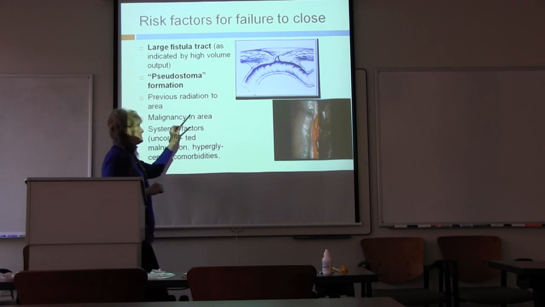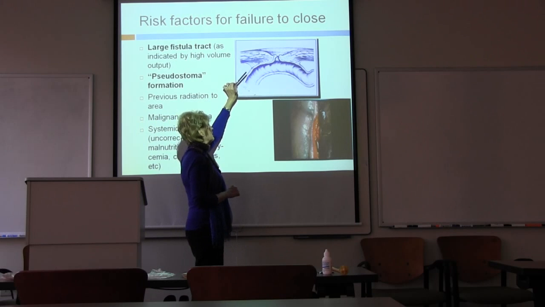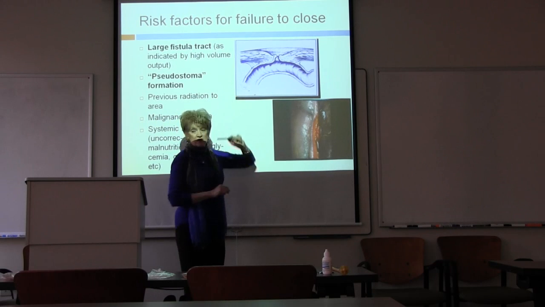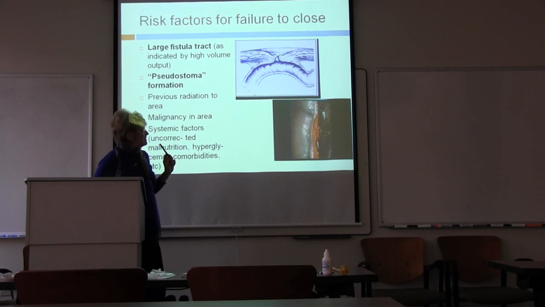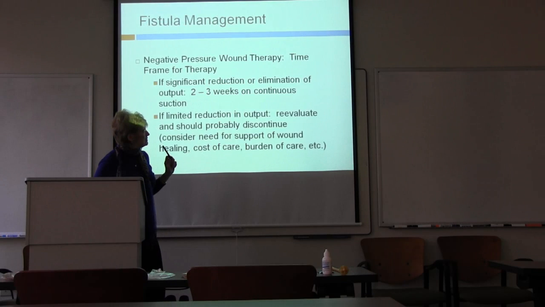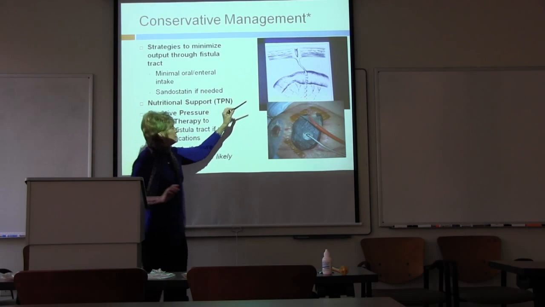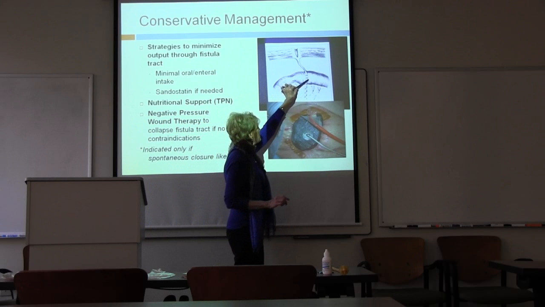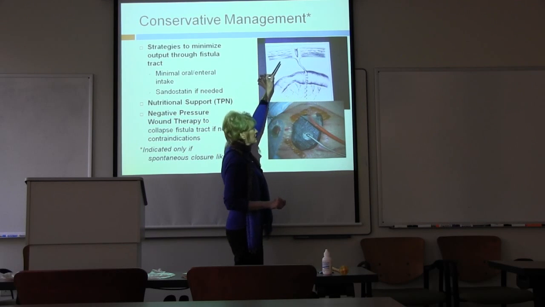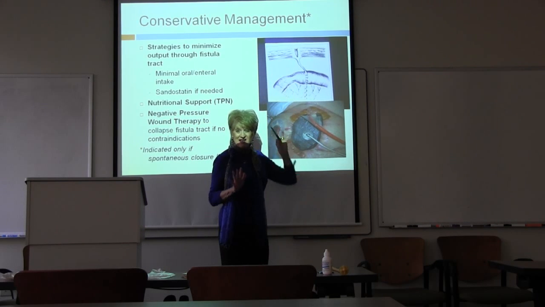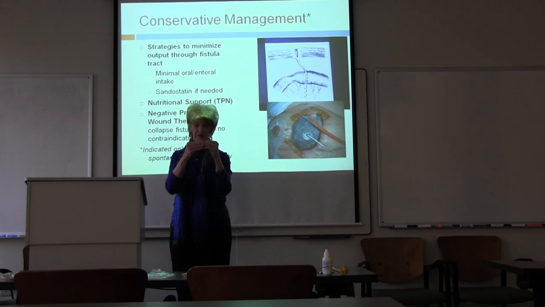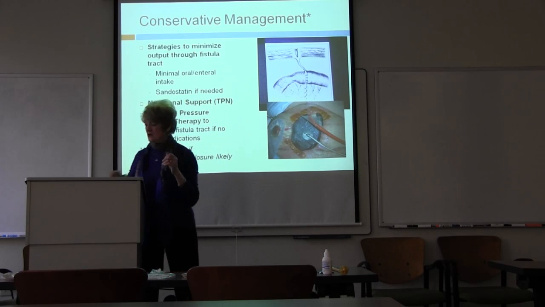The first thing I want you to see is what's happening anatomically. So the slide I showed you previously, you saw complete separation between the bowel wall and the abdominal wall. And I said at that point you do have the potential to get that tract to close.